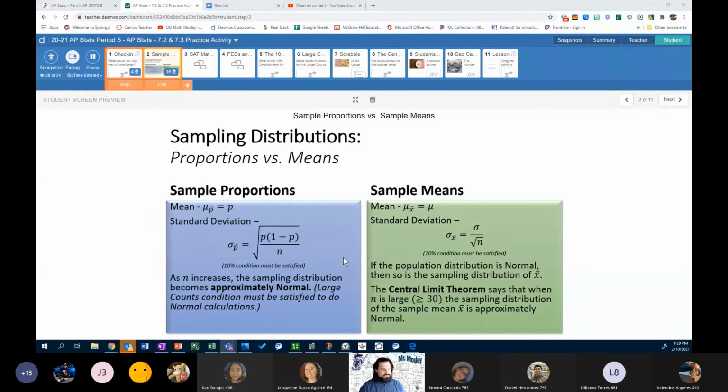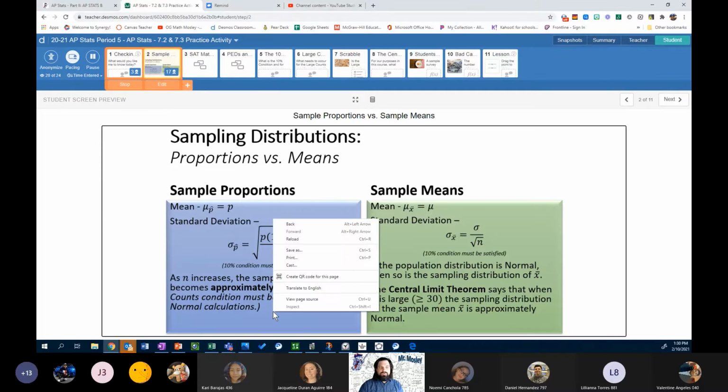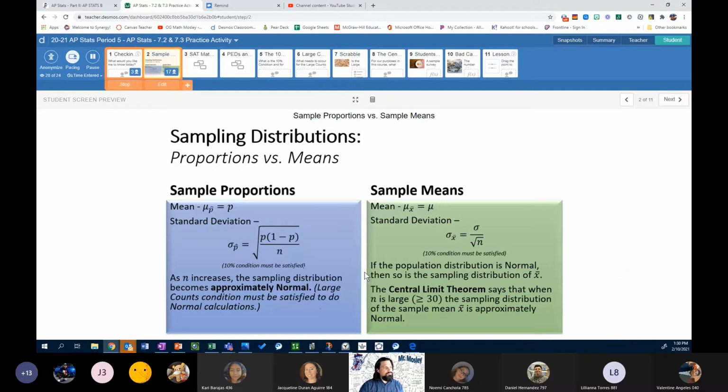We have to check the 10% condition in order to have a valid standard deviation. And as n increases, the sampling distribution becomes approximately normal. We check the large counts condition in order to do normal calculations.